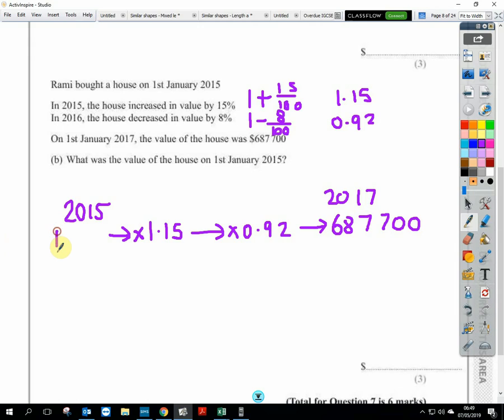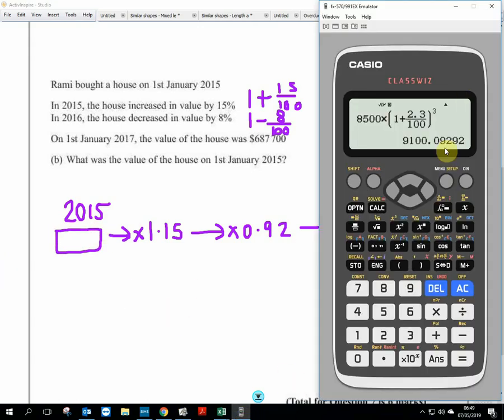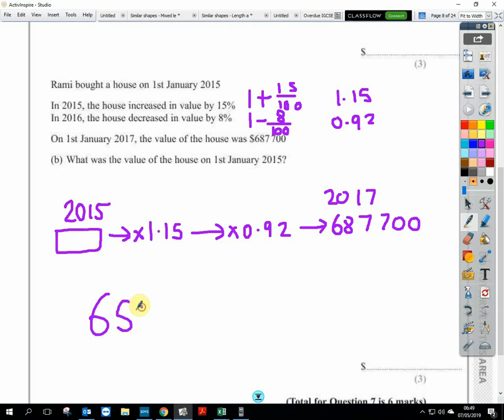We're trying to work out the 2015 value, so we just go backwards and divide. So we have $687,700. We divide that by 0.92, and then we divide that by 1.15, and that gives us $650,000 in 2015. Okay, we just write down what we did there: 687,700 divided by 0.92.